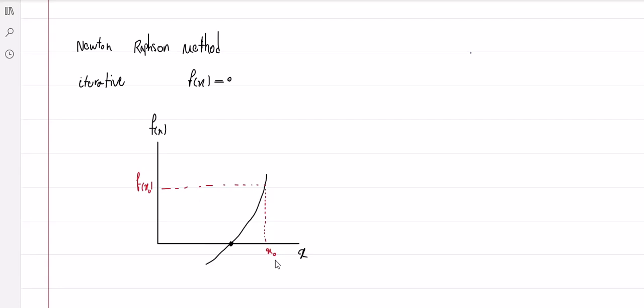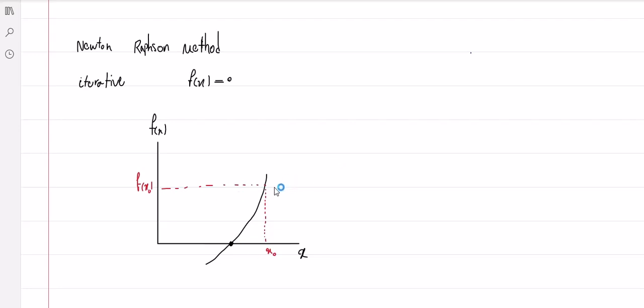So that means x0, which was our initial guess, is not the correct root for the function. So we have to take another guess, and we actually have to iterate this formula in order to find the final root of the function.